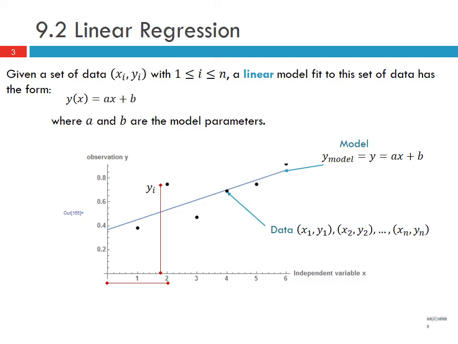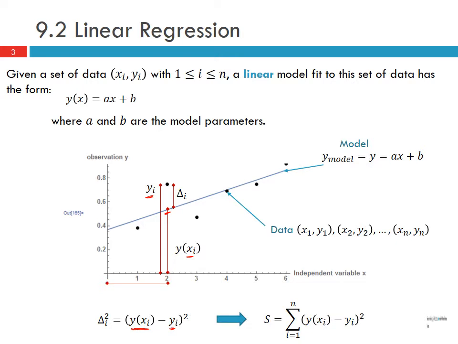Now at each value, yi is our measured data. y of xi is the model prediction at that same x value. And then the difference between these two is our delta i. So delta i squared is the model prediction y of xi minus the actual data yi, squared.